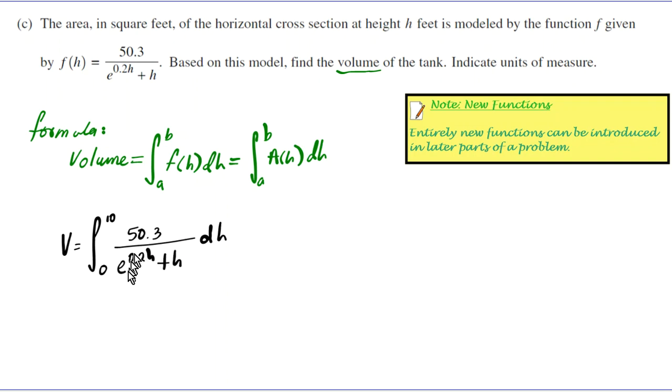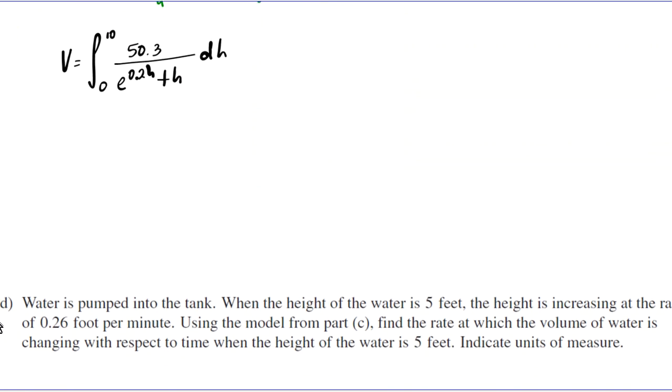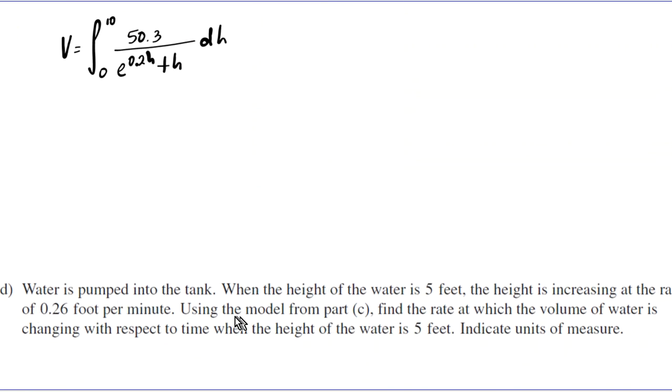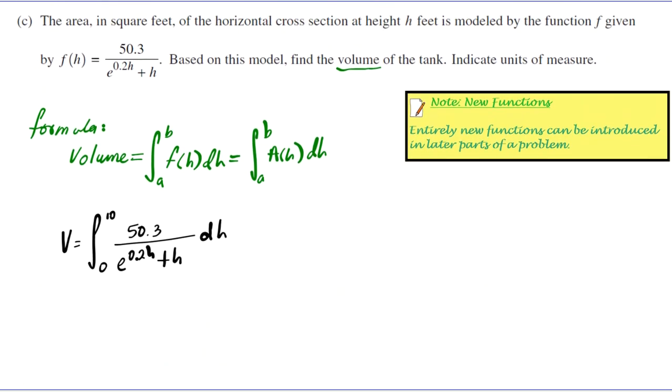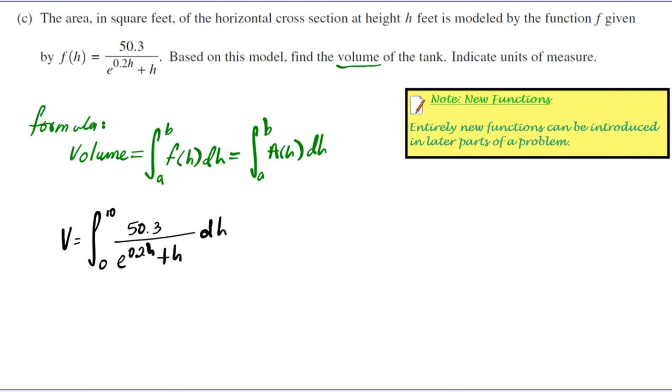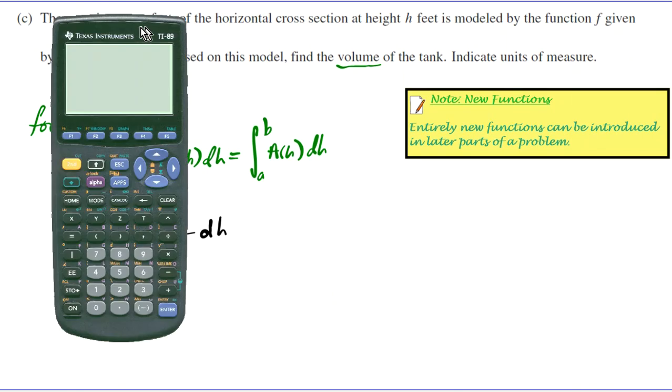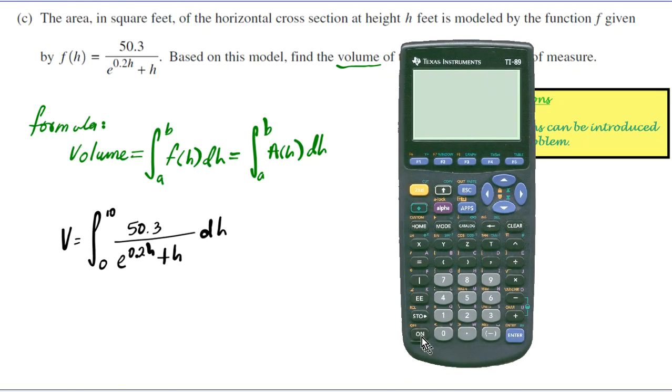Alright, so should I store this function in my calculator or not? Well, let me look at part D. Part D, using the model from part C. So we're going to be using the model multiple times, so it might be nice for me to store it. So let me show you how to store a function in the calculator so that you don't keep entering it over and over again.